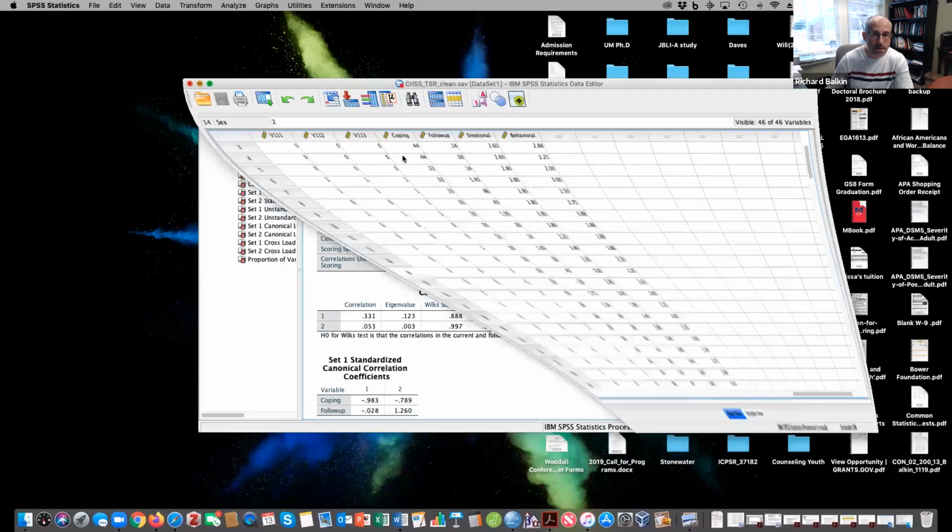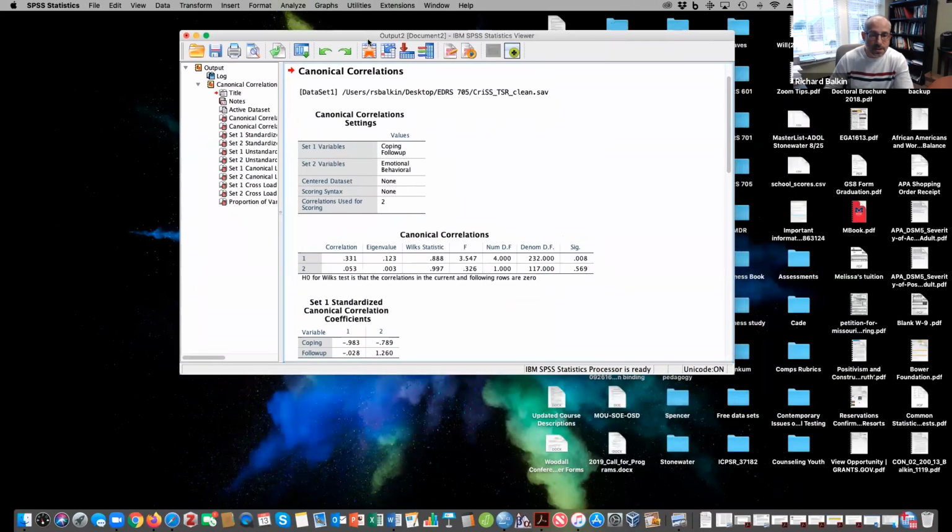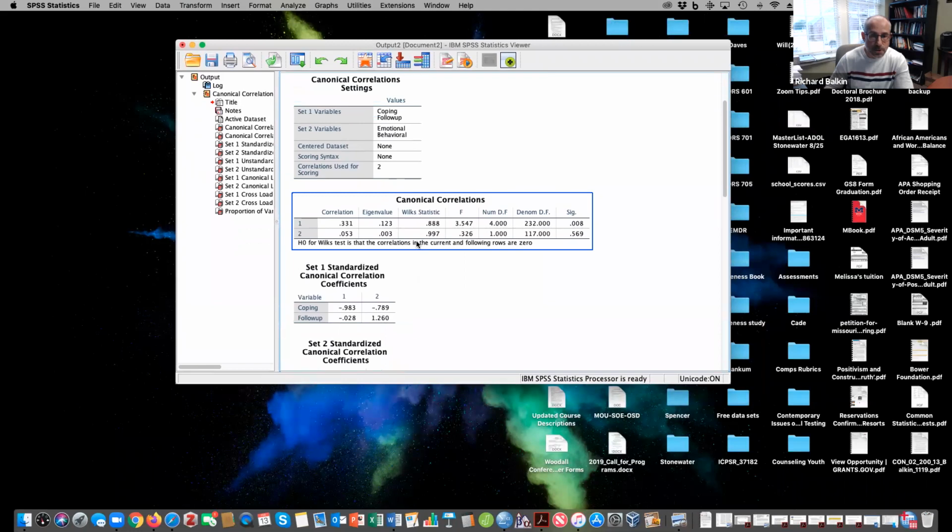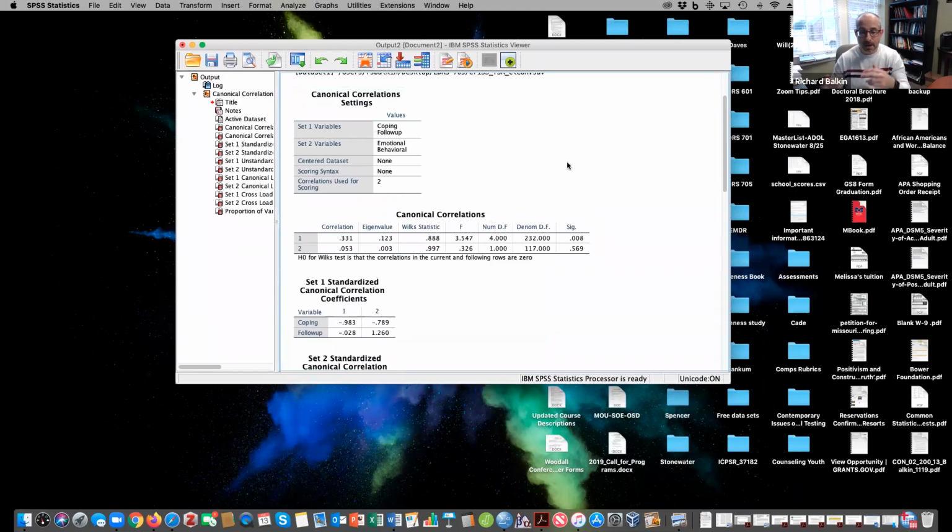And here's my output. The first thing we want to look at is that I have two variables in each set, so the largest number of canonical variates I can have is 2. It runs 2 canonical variates, but only one is significant. The first canonical variate, F of 4, 232 equals 3.55, p equals 0.008, is significant.